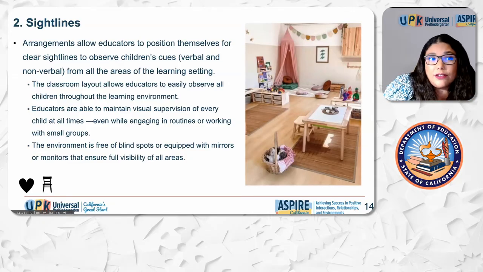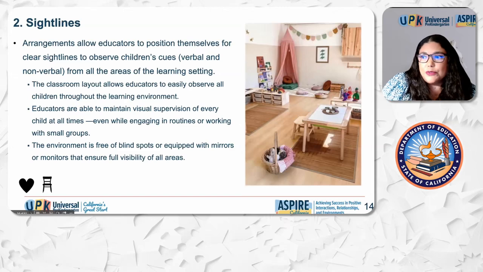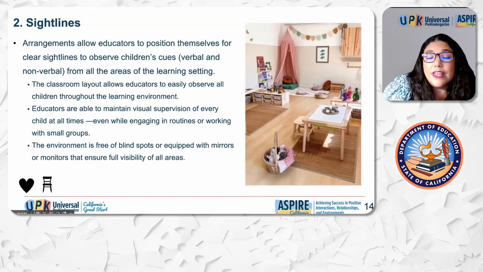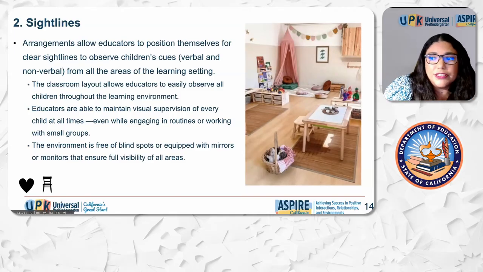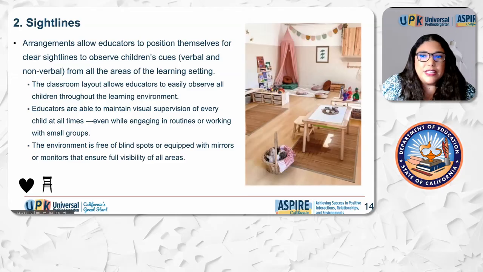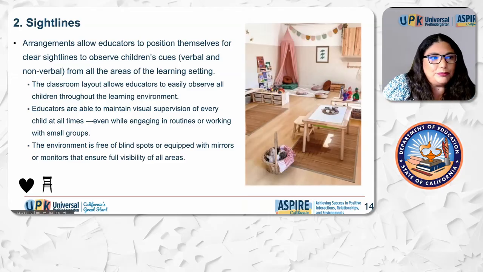And even while educators are engaging in routines or working with small groups, they're still able to have sight of all children in the classroom. The environment is free of blind spots or equipped with mirrors or monitors that ensure full visibility of all areas.